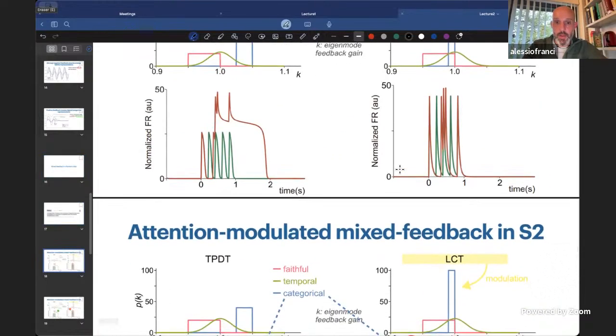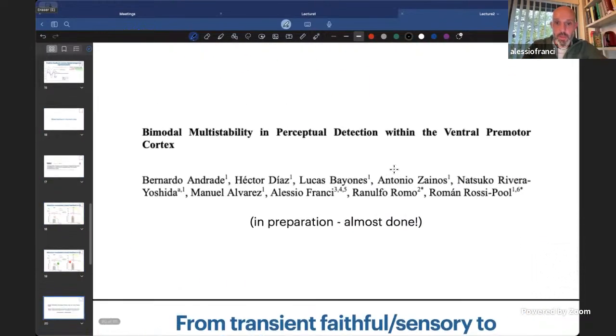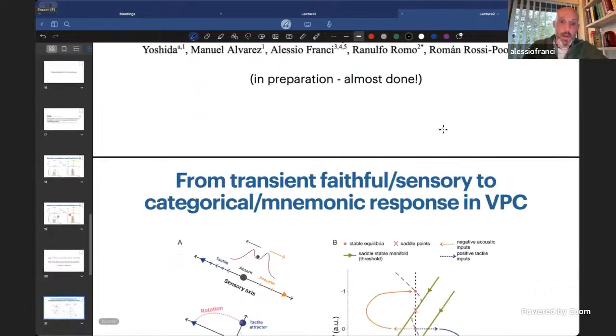The other paper in which this appeared is in the context of the bimodal detection task and from data in the ventral premotor cortex.